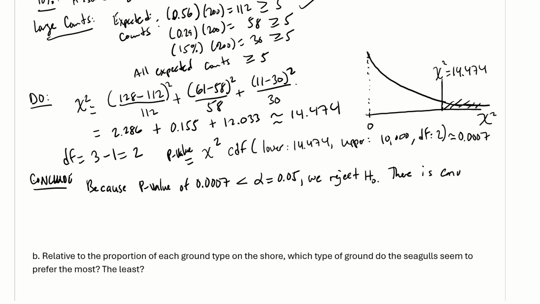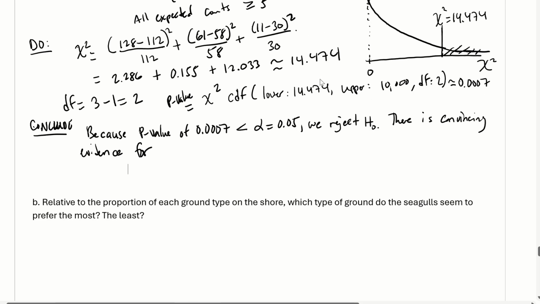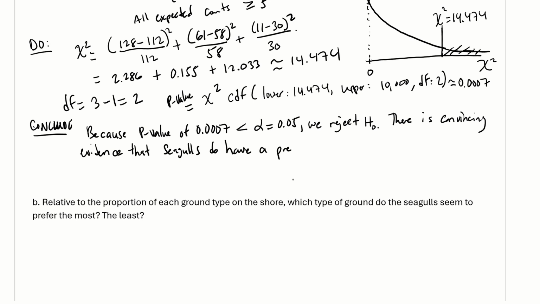There is convincing evidence for HA, right? And what was HA? Well, HA assumed that they do have a preference for where they land. So there's convincing evidence that seagulls do have a preference for where they land.